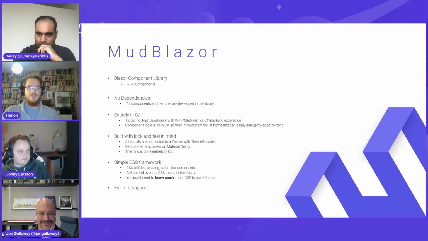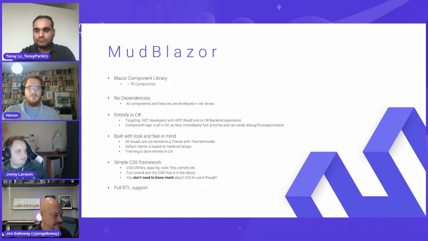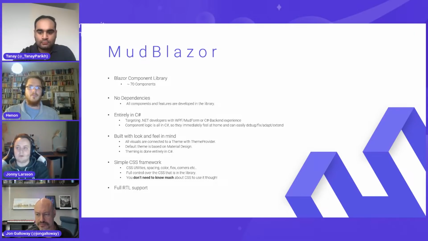Some stuff is still missing, and we're trying to implement it better with the theme provider. The default theme that MudBlazor comes with is based on Material Design, but you can change border radius, elevations, fonts. The only thing missing is density or sizing options if you want to compress it a bit.